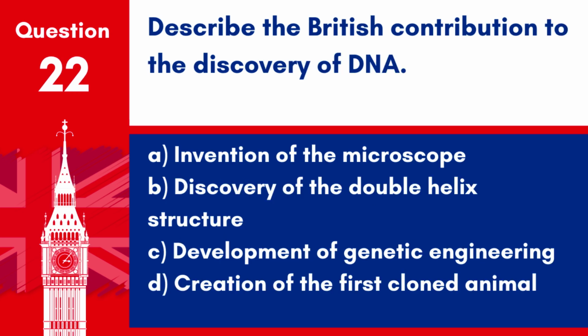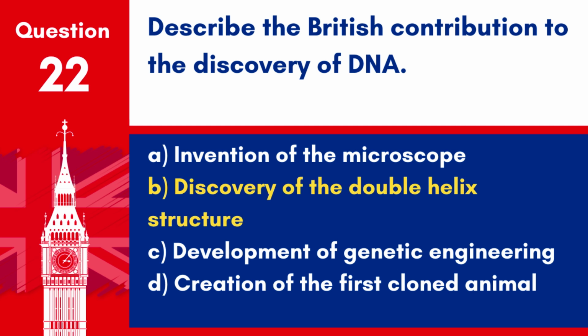Question 22. Describe the British contribution to the discovery of DNA. A. Invention of the microscope. B. Discovery of the double helix structure. C. Development of genetic engineering. D. Creation of the first cloned animal.